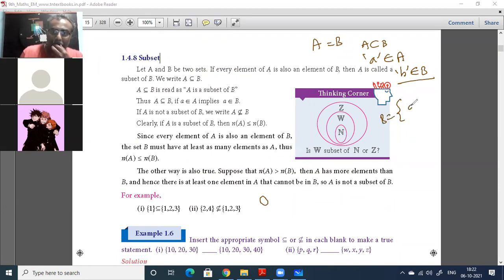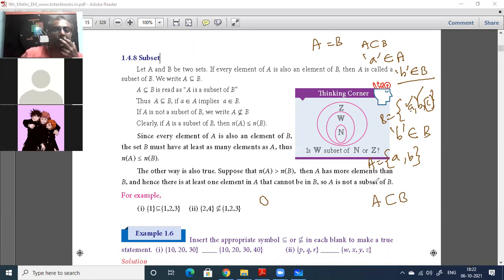You had A, B, and C. Then B is an element of the set, or B belongs to the set. Suppose this is set A. Then A is a subset of B because A contains A and B and does not contain C. B contains both A and B as well as something else which is not part of A.